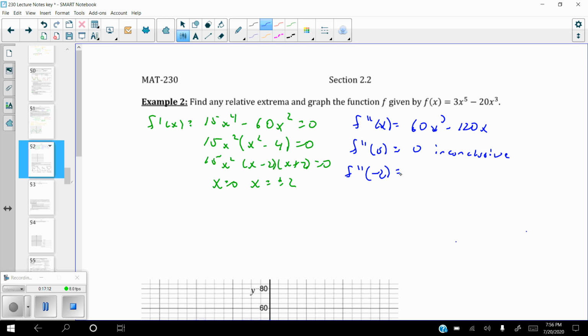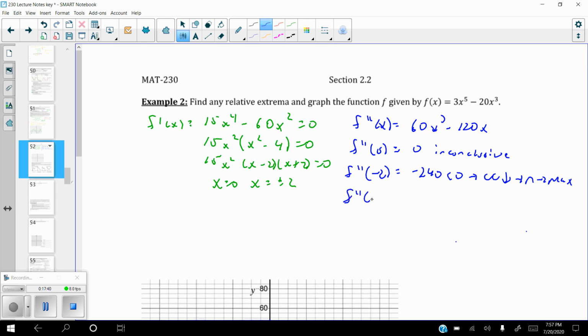Let's plug in -2. All right, so if I plug -2 in, we get -240. Okay, that's definitely less than 0, which means it's concave down at that critical value, which means it looks like a frowny face, which means that we have a maximum when x is -2. Let's try the last one.